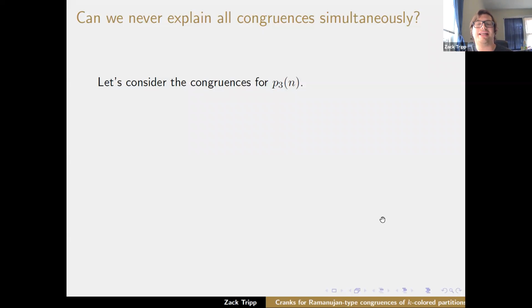But that doesn't mean we can never explain those simultaneously; it just means they don't fit into either of our two families. For example, 3 is congruent to negative 8 mod 11, and 3 is also congruent to negative 14 mod 17. 11 and 17 have the right properties that there will be a congruence for both of these.